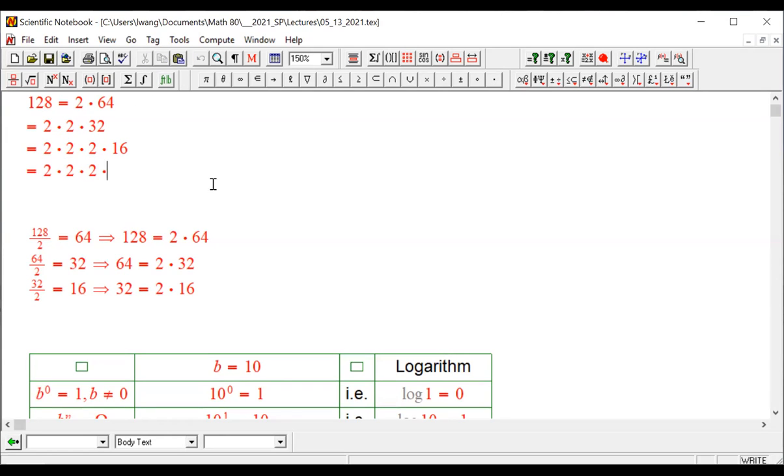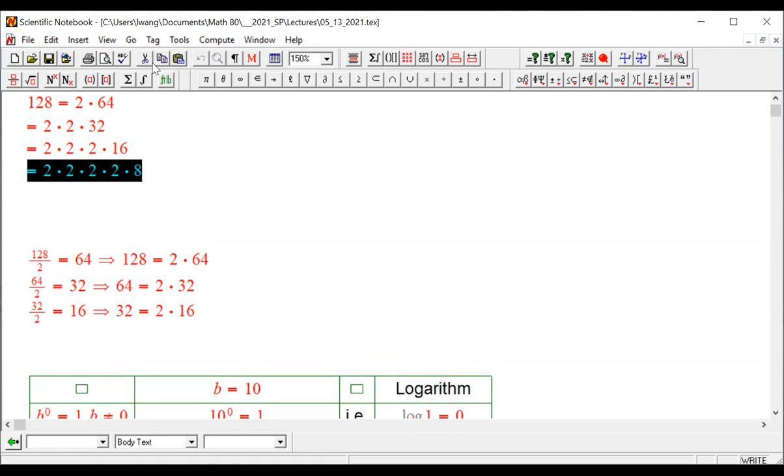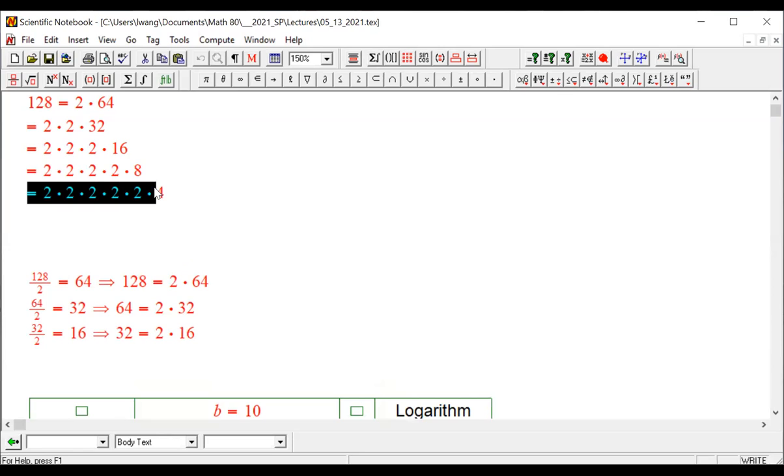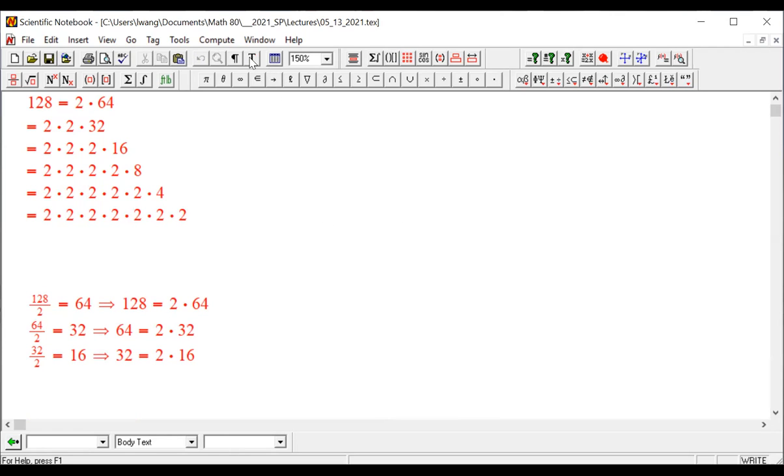And 16 is 2 times 8. And 8, you just keep going. 8 is 2 times 4. And eventually 4 is 2 times 2. So in the end, what do we get?